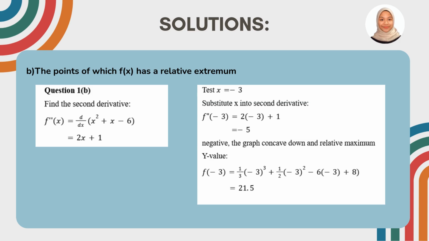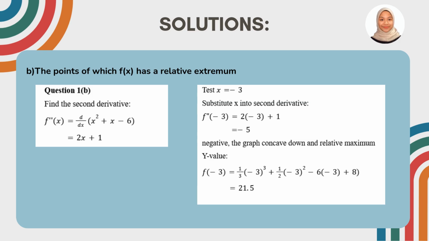Then we have to test x = -3. Substitute x into the second derivative: f''(-3) = 2(-3) + 1, we have -5. Since it's negative, the graph is concave down and it is a relative maximum.